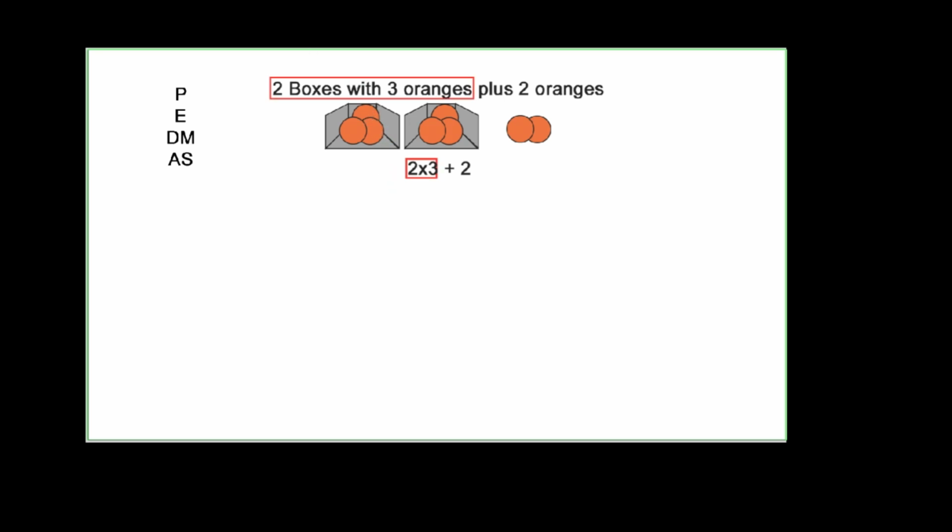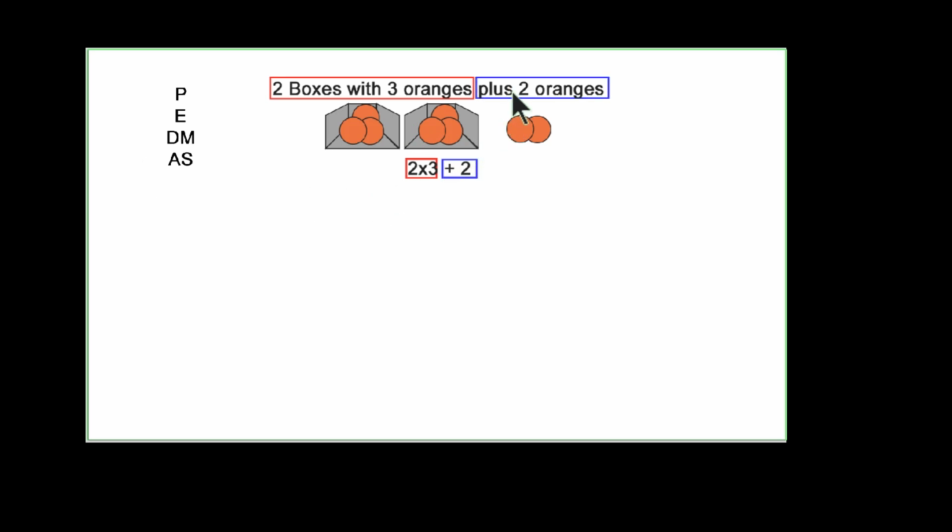Okay, the first part of it is this. 2 boxes with 3 oranges. That's this 2 times 3. The 2 is the 2 boxes. The 3 is the 3 oranges, because you've got to take account of the fact that there are 2 boxes, each with 3. Okay? Now, the other part of it is the plus 2.